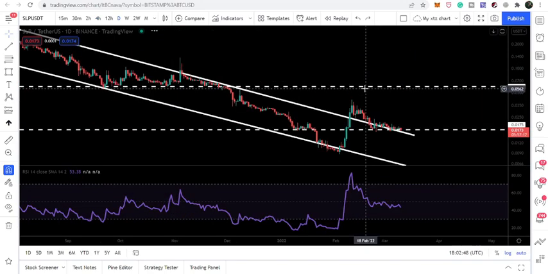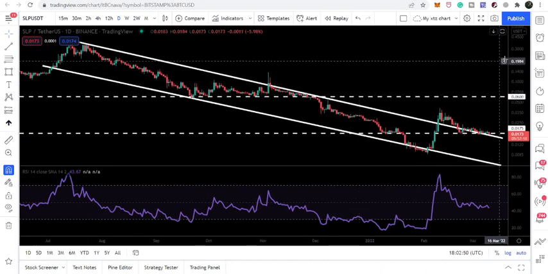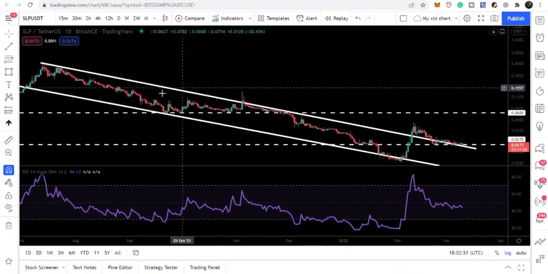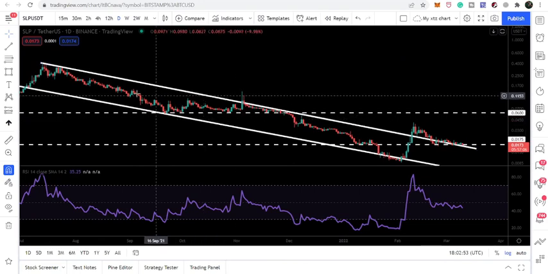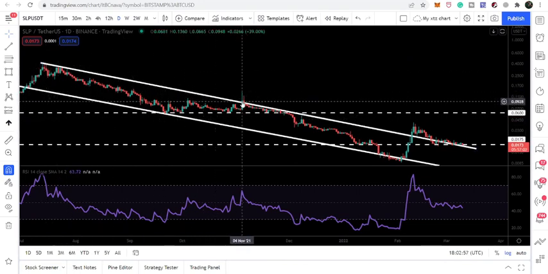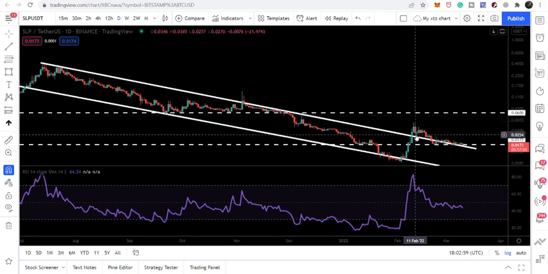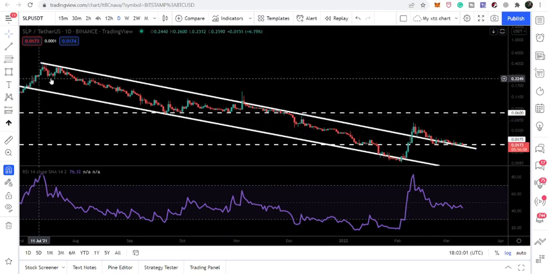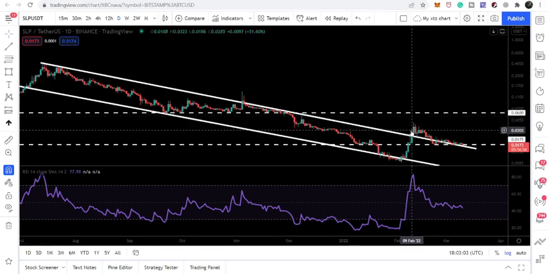Now, if we again take a look at the different rejections on this daily time frame, even though we have broken out the resistance of the channel, we had rejection here, here, and here as well, and again after several rejections, we broke out this resistance.